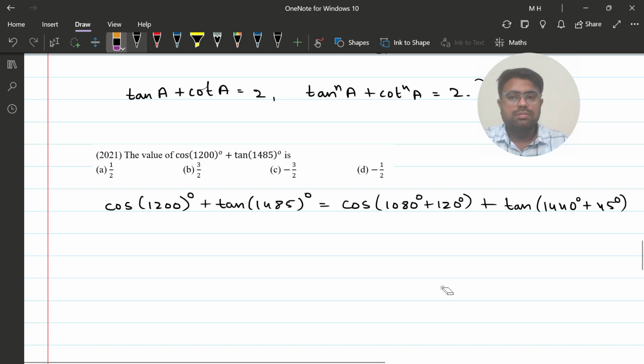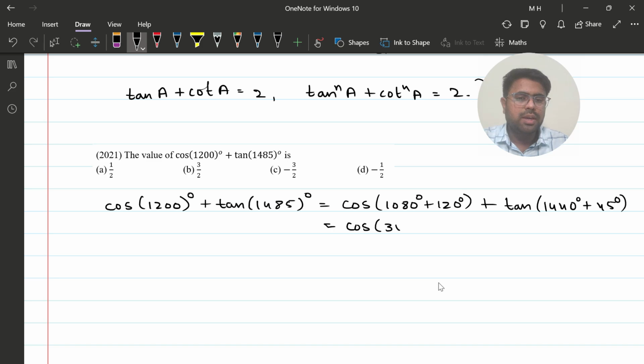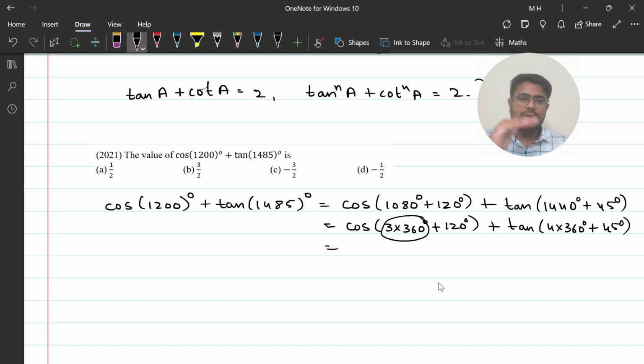Fine. So now you see, this is cos of 3 times 360 plus 120, plus tan of 4 times 360 plus 45. We have completed 3 circles and we have again entered the 0 zone. So I can ignore this.